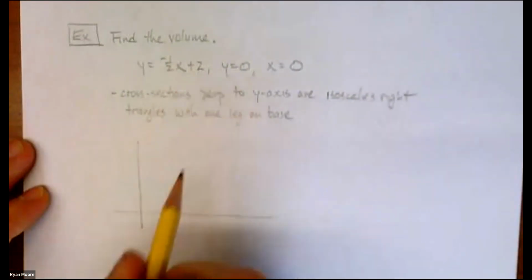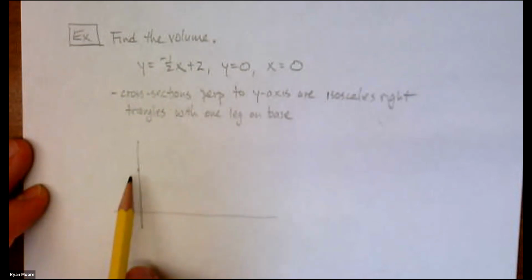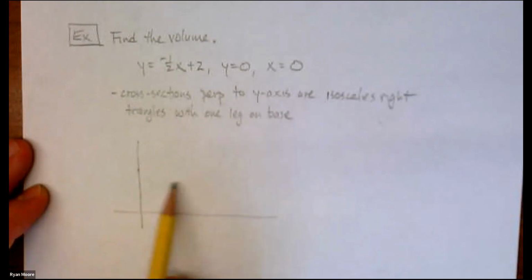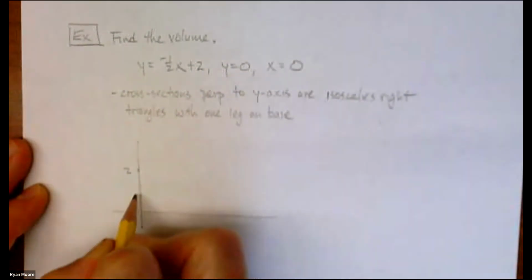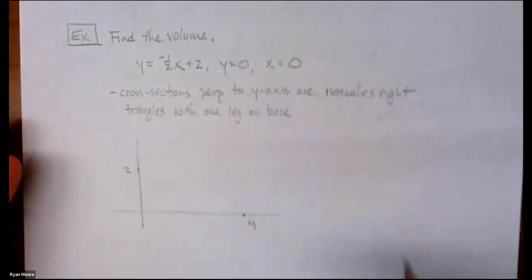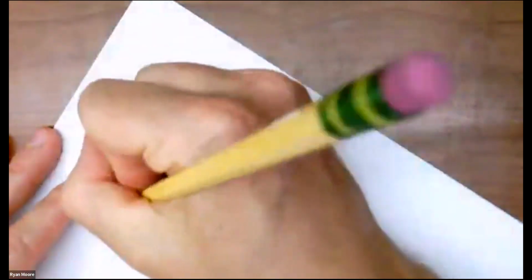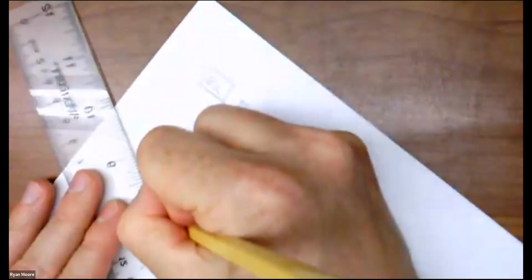Let's see, this will have a y-intercept of 2, slope of -1/2. So where would it hit the x? If it goes down 1 over 2, down 1 over 2, and that's at 2, then we'd end up at 4. Okay, so grab a straight edge for this.